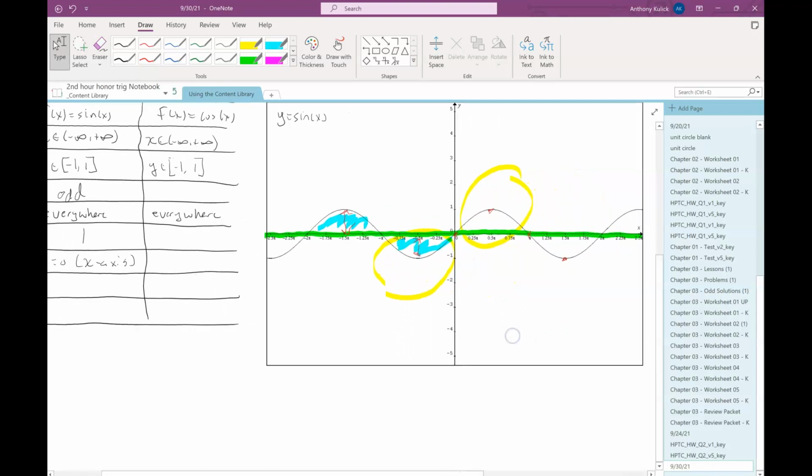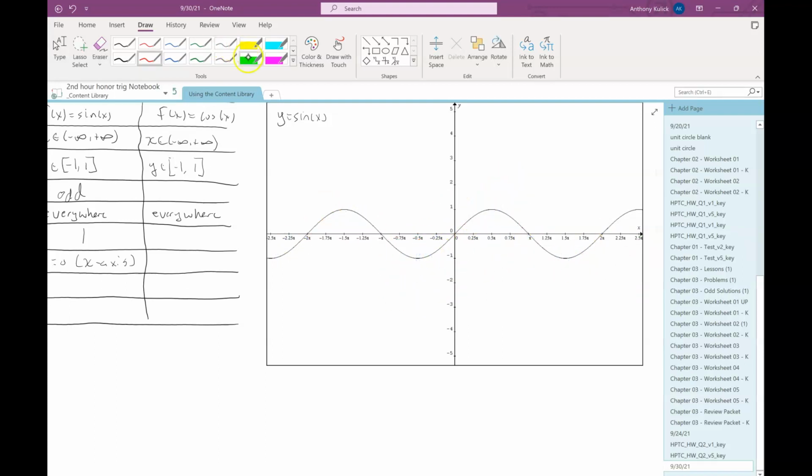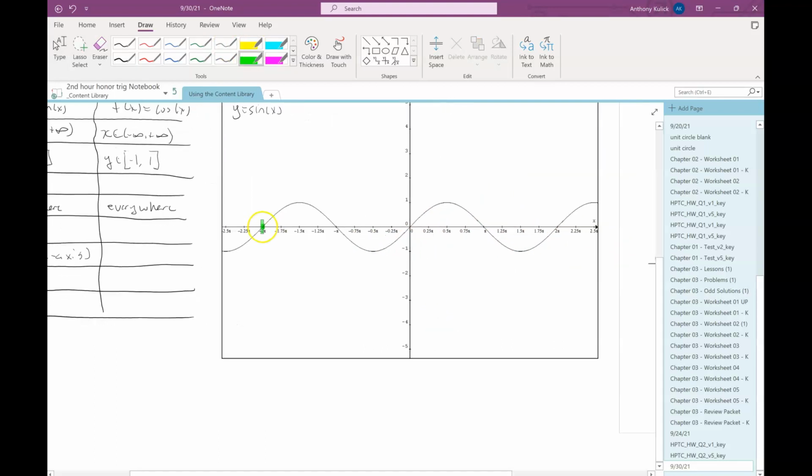If we look at this graph of sine, we notice that it repeats itself over and over again. I'm going to get rid of some of these markings I put on here. For example, starting here, I have an up hump and a down hump, and then it starts over again with another up hump and down hump. Everybody see that? It's just going to repeat itself over and over. When you have a graph that repeats itself like this, we call it periodic.